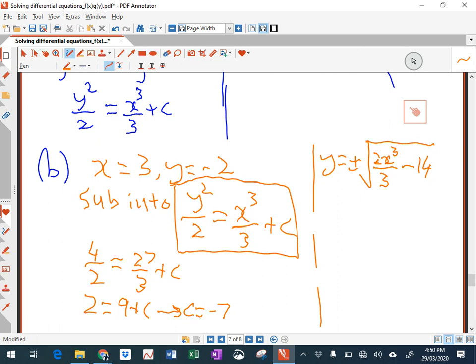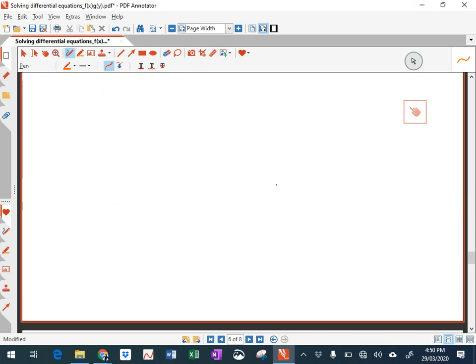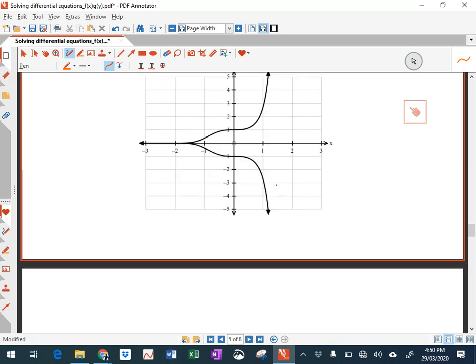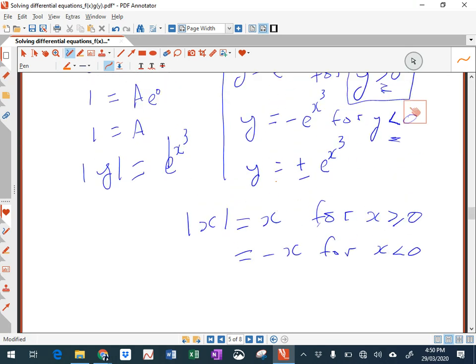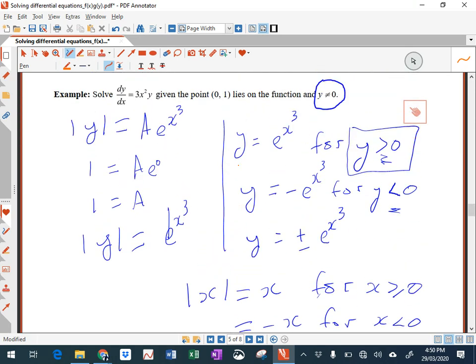Now, just a word of advice on the previous question, I just remembered. Okay. Previous question. Here, have a look. Now, I disagree with the answer in the back of the book. If you look at the textbook, they just take the positive case, but they are wrong.